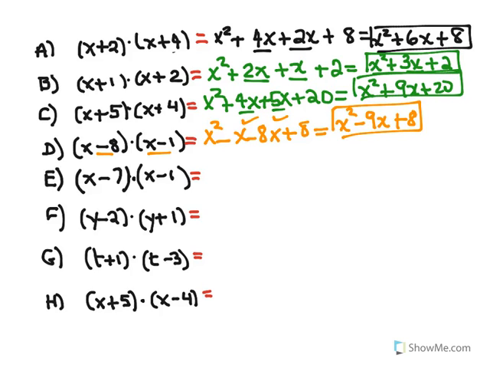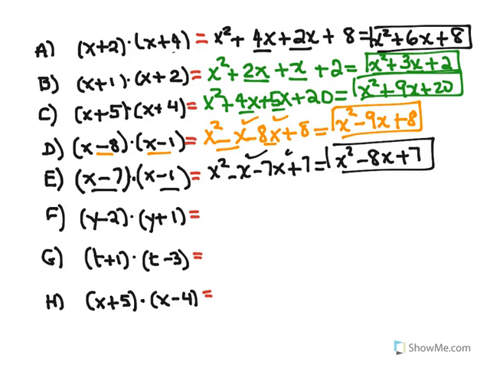Okay, remember that you need to combine the negative x and the negative 8x. So let me go now with x minus 7 and x minus 1. That will be x squared minus x minus 7x plus 7. And that will mean x squared minus 8x plus 7.